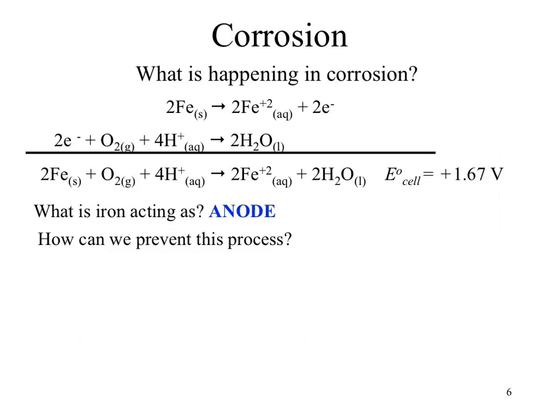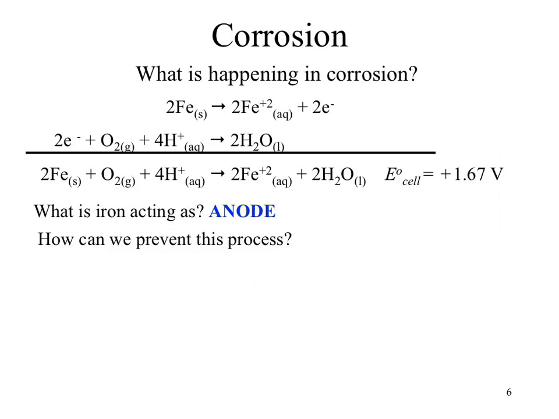If we coat it in a paint, where now that iron is not exposed to water or oxygen, does the redox reaction occur? No, because it's never exposed to it. So at our most basic and simple level, what we want to do is encase all of our iron materials in some surface that prevents the exposure to oxygen and water.